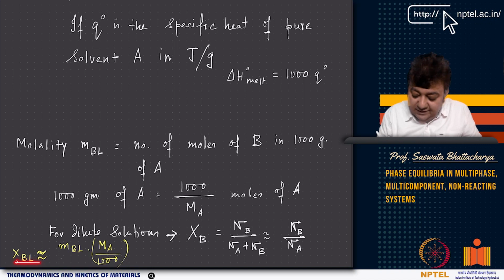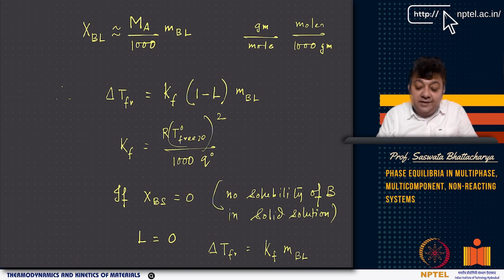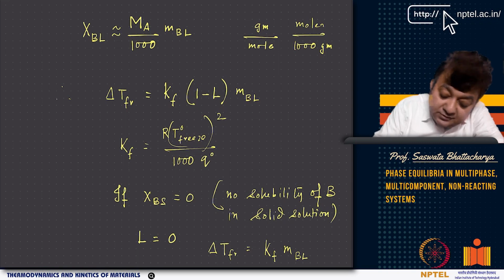Now, if you look at XBL, by using this definition, XBL is approximately equal to MBL times Ma by 1000, right? You are neglecting the amount of B. So if that is so you have this equation, right?